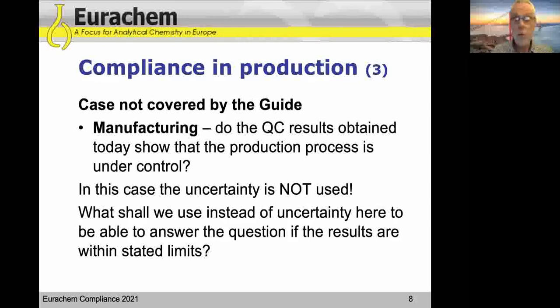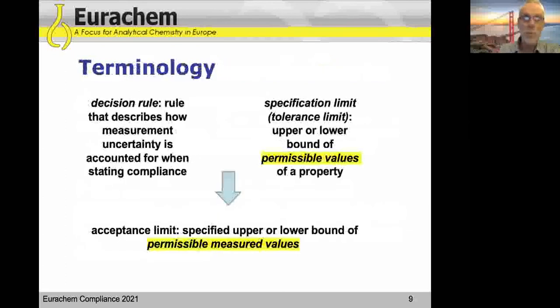I think this is a very important issue: if you are a production lab, you shall not communicate your uncertainty, but you should communicate the variation you have for the results over time in your laboratory. That is what we will call the within-lab reproducibility. And that should be used to take a decision if the process is or is not out of control. Of course, you also need to take a second sample if you have problems with the process, but that's another issue. So let's look at some terminology.